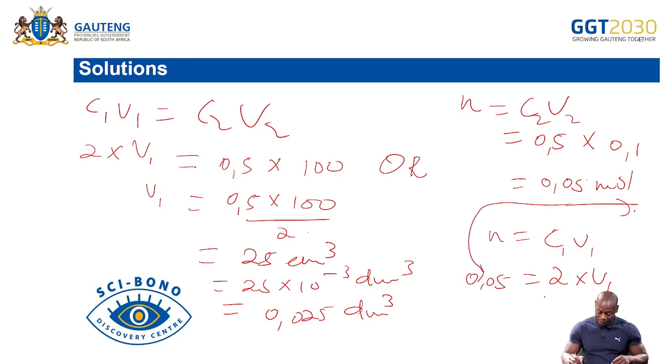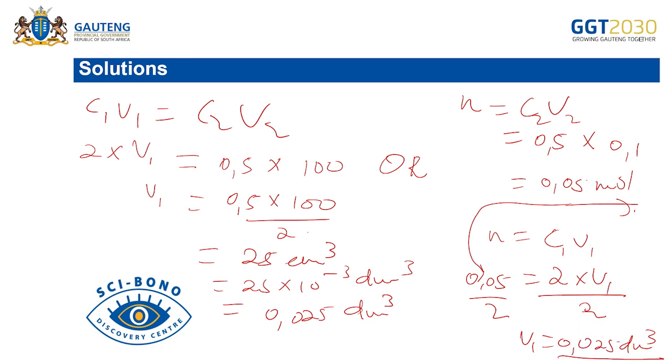So we divide by 2 on both sides. 0.05 divided by 2 gives V1 as 0.025 cubic decimeters. So you can see we are getting the same answers here. That is dilution, learners. We dilute a solution using water. During dilution, concentration will change, volume will change, but the number of moles remains the same before and after dilution.